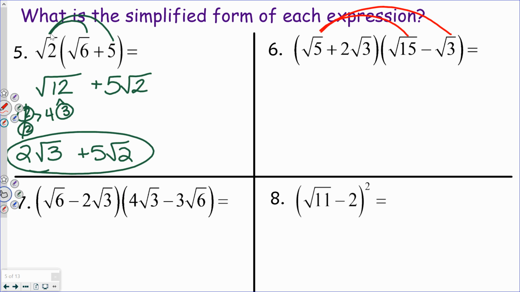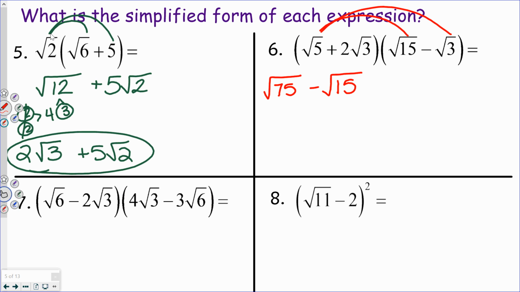So what's radical 5 times radical 15? Radical 75. And then radical 5 times a negative radical 3, negative radical 15. Okay, and we'll go nice and slow. So I just took the first term and I distributed it to the other parenthesis.